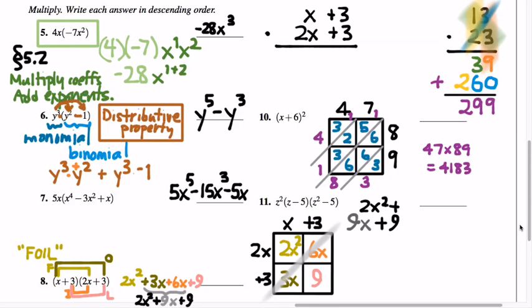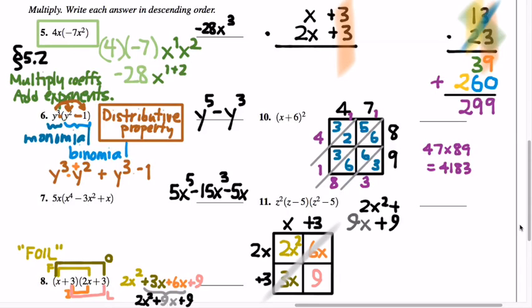What happens if we try using that algorithm with our polynomials instead of with our regular old numbers? x plus 3 times 2x plus 3. What do you want to multiply first? If we're following the multiplication algorithm from numbers, we would start with the ones digits.